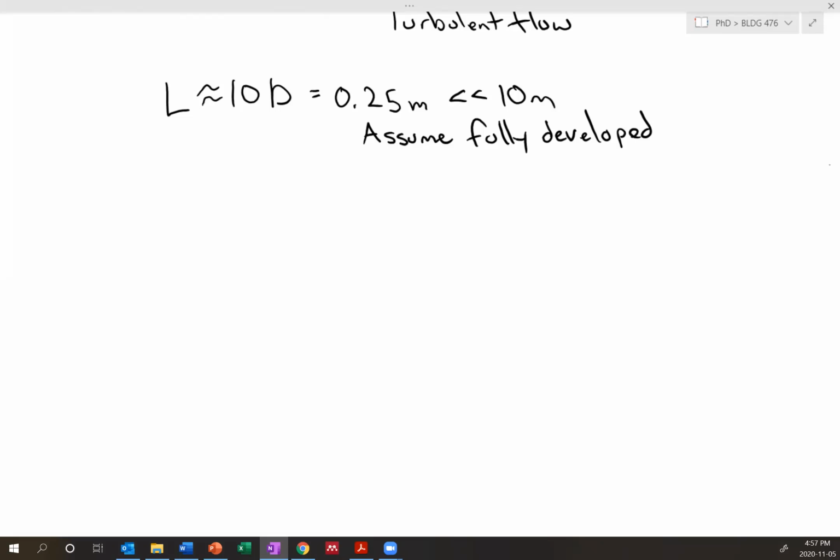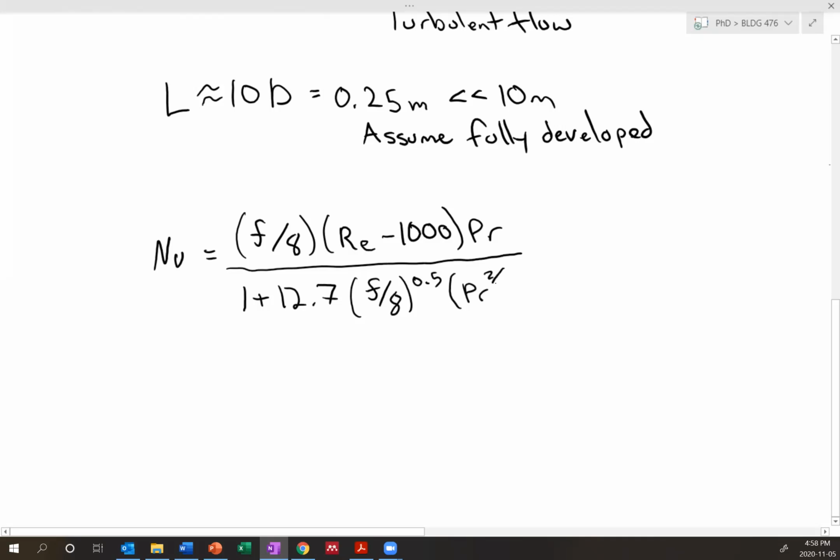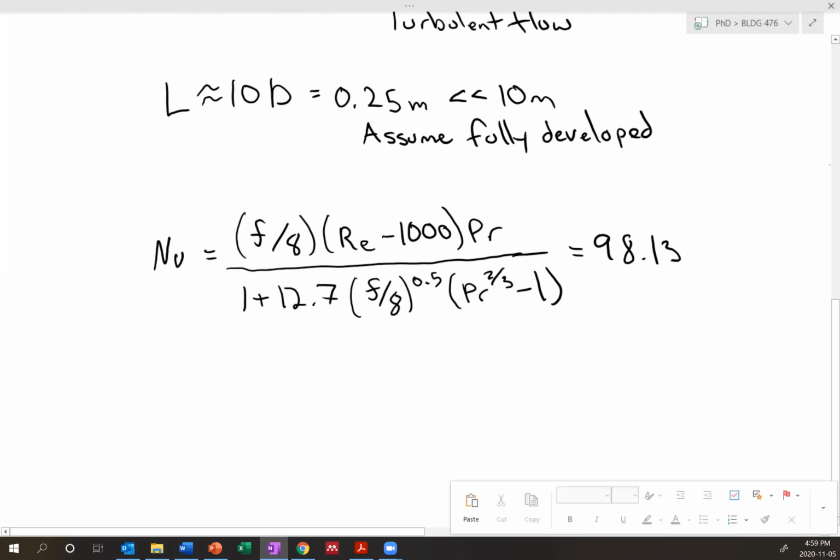So the Nusselt number can be found under these conditions, turbulent and fully developed, which gives us 98.13.